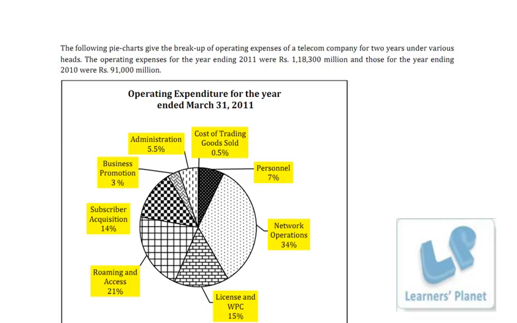Here, the following pie charts give the breakup of operating expenses of a telecom company for 2 years under various heads. The operating expenses for the year 2011 and those for the year ending 2010 were rupees 91,000 million.